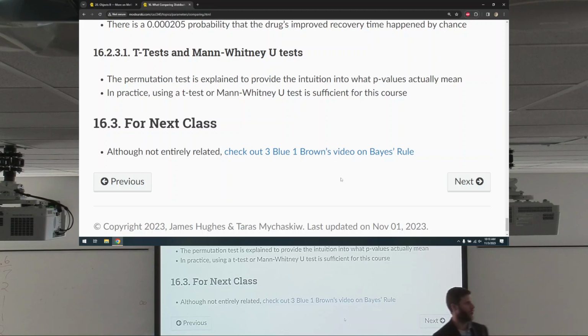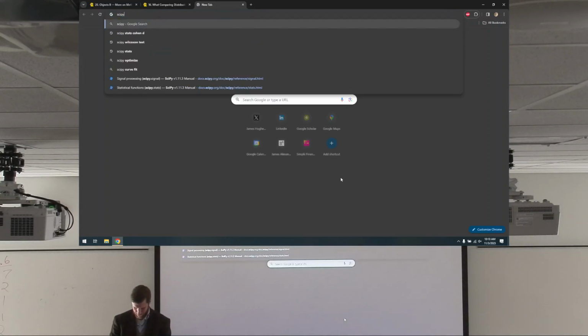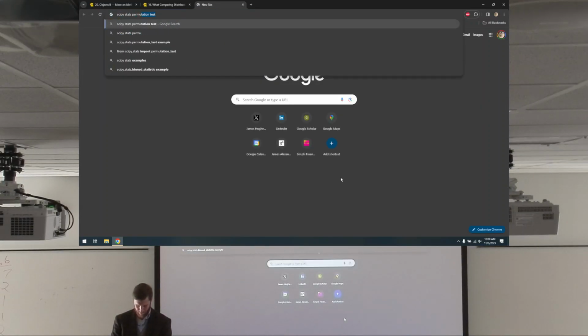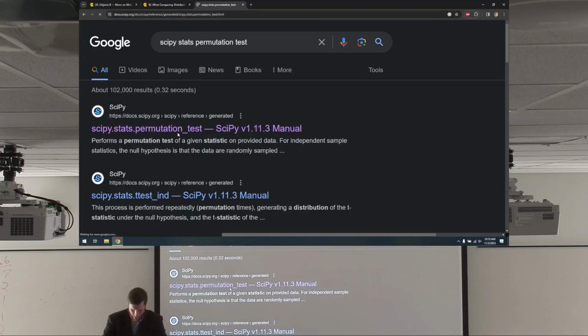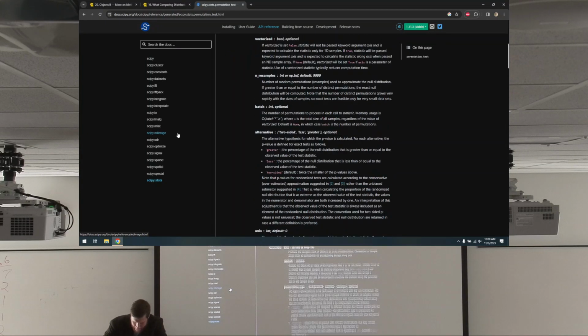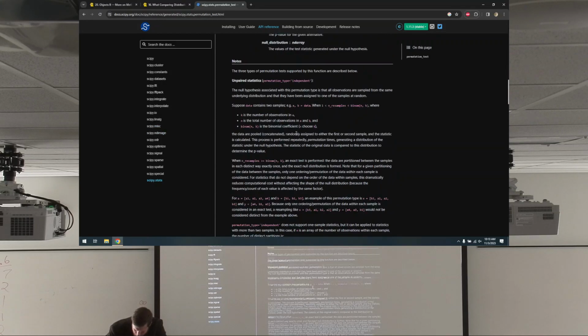I would encourage you to do the permutation test or randomization test. In fact, let's go have a quick look here. There we go, look at that. I think it's got some examples below.